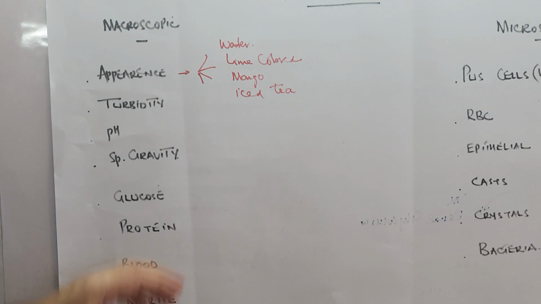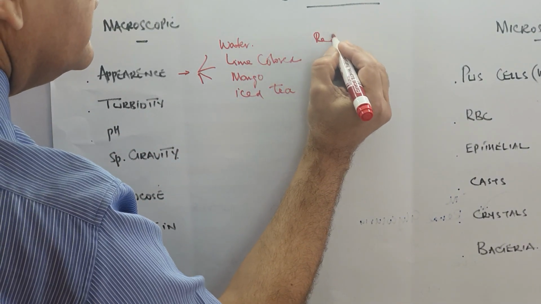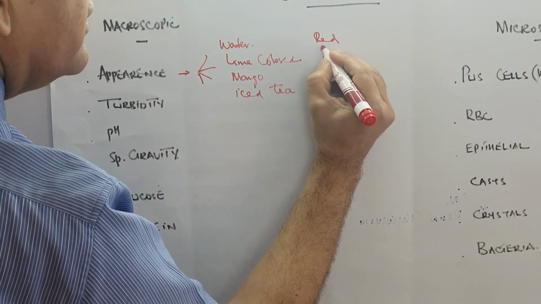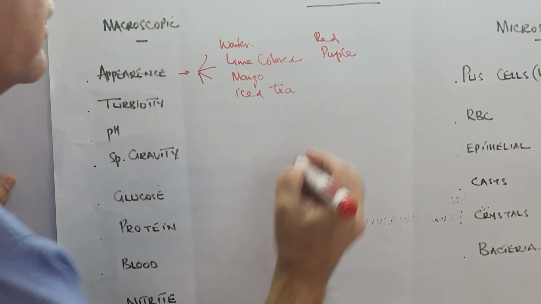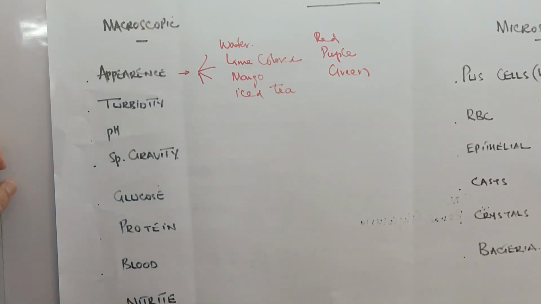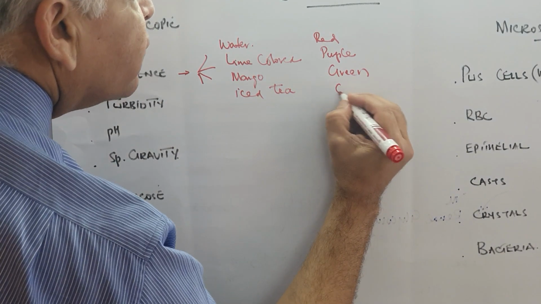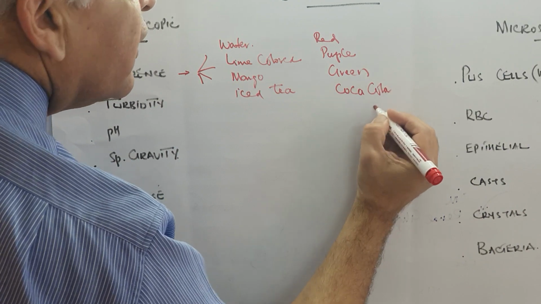There are certain abnormal colors, like we can get blood, so we can get red colored urine, we can get purple colored urine, we can get green colored urine, and sometimes we can get really, really dark colored urine, also called as the Coca-Cola colored urine.